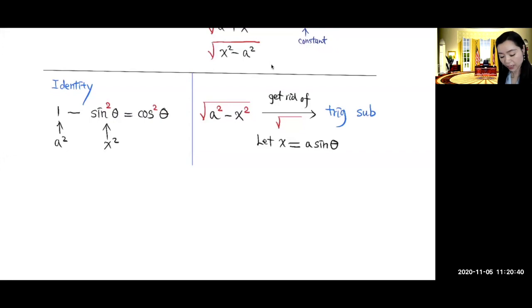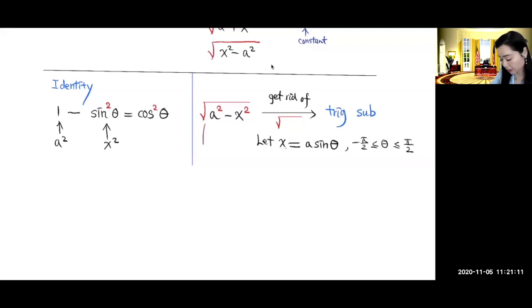So if I let x equal this, where theta is between negative pi over 2 and pi over 2, that way x is going to go from negative a to positive a, which is within the domain for this function, right? If I do this trig-sub, tell me what this becomes.